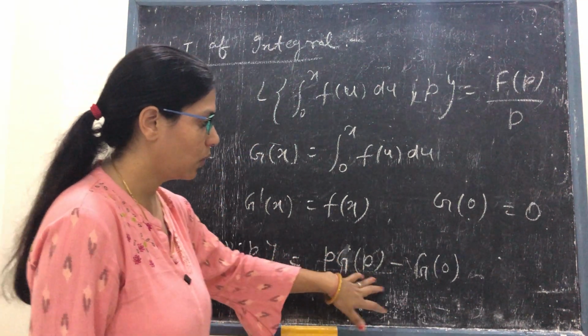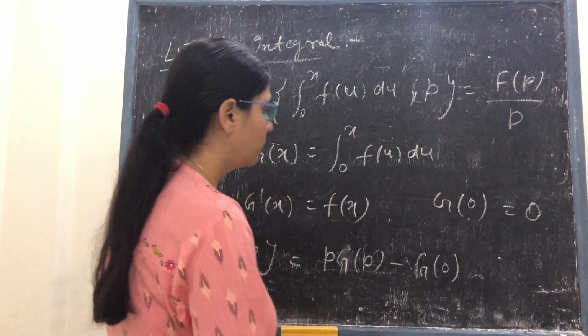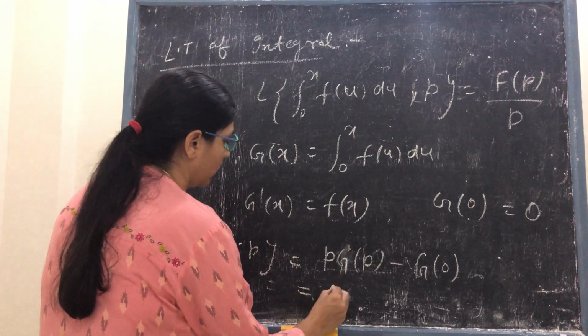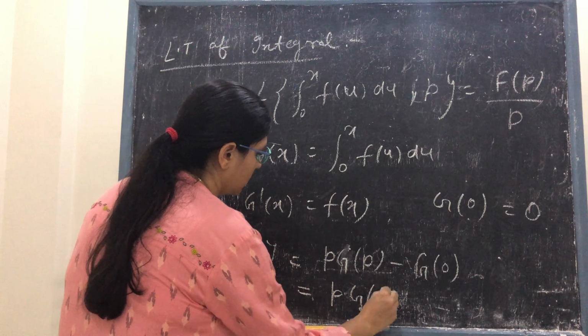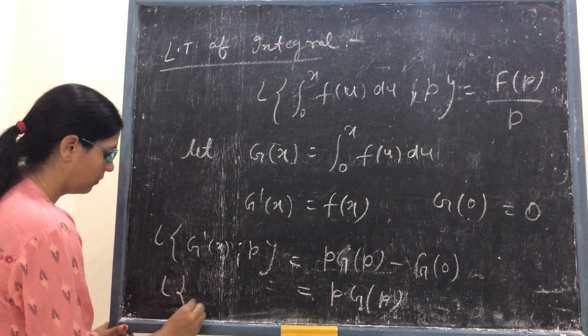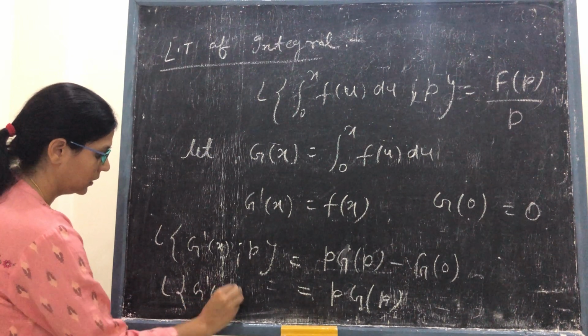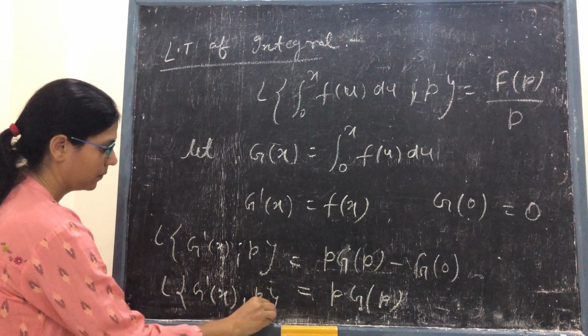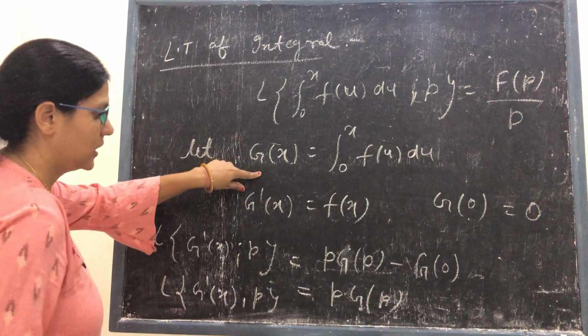So here it is p of g of p minus g of 0. Here g of 0 is 0. So it is p of g of p, which equals the Laplace transformation of g dash x.